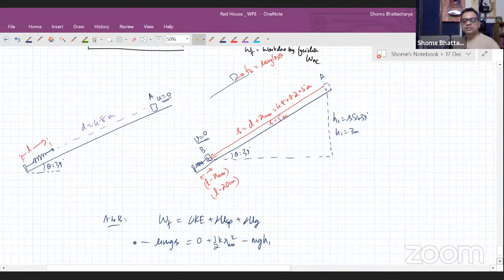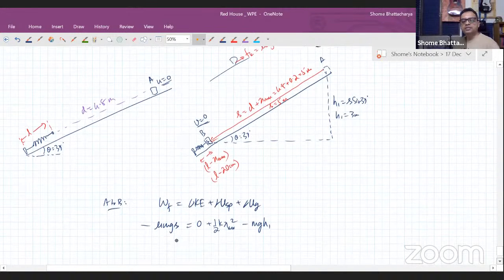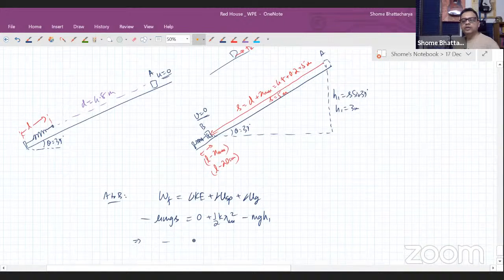So let's see what this gives us. This gives us an equation: minus mu into 20 into 5. Okay. Weight of the block was 20. Okay. Is equal to half k x maximum square. I'll put the x max later in this, minus again 20 into 3.